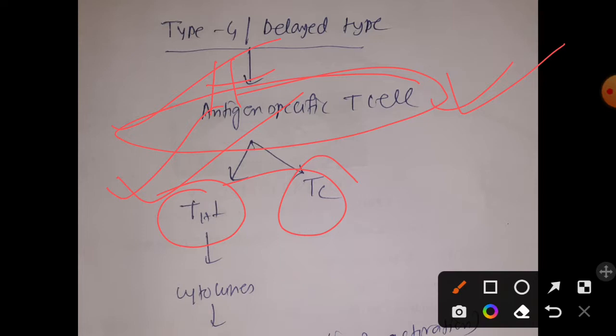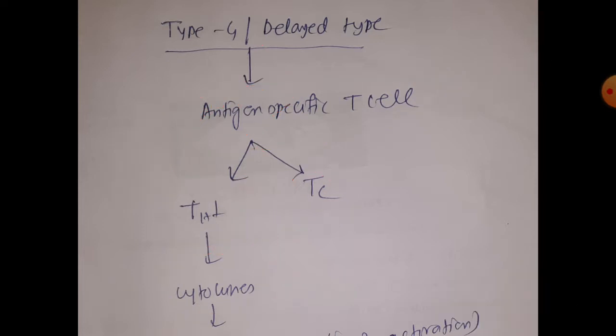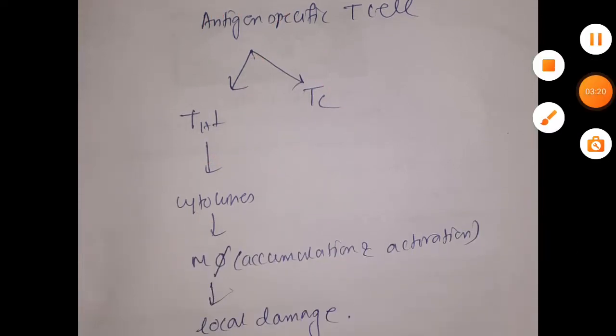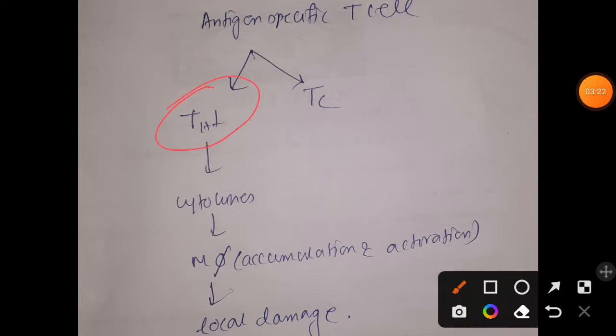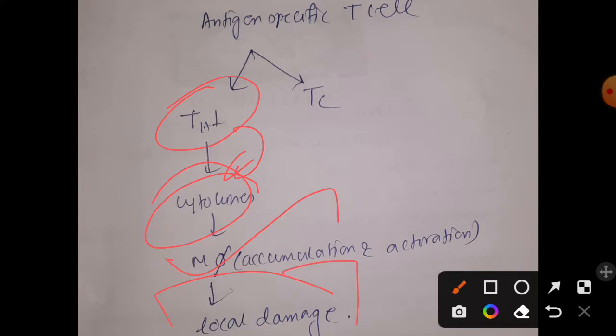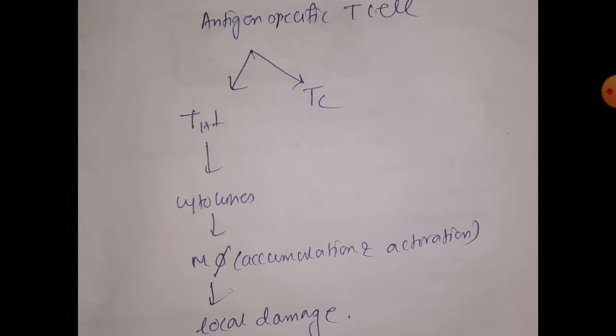When the Th1 becomes activated, it will secrete cytokines, and these cytokines lead to the accumulation and activation of macrophages, and these macrophages will cause local damage. The Th1 case is the most predominant here. Tc occurs in some cases only.